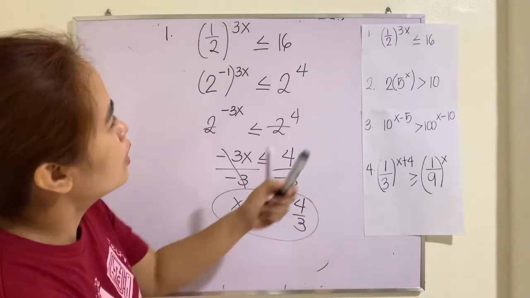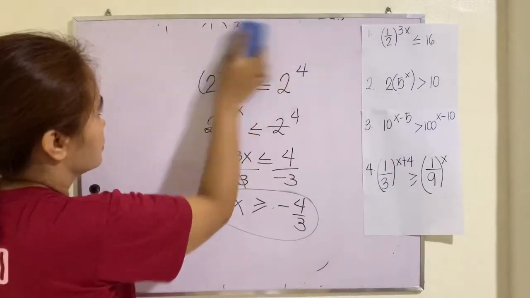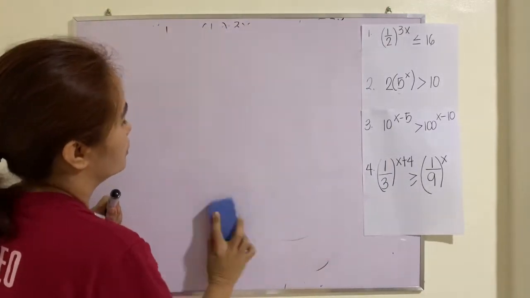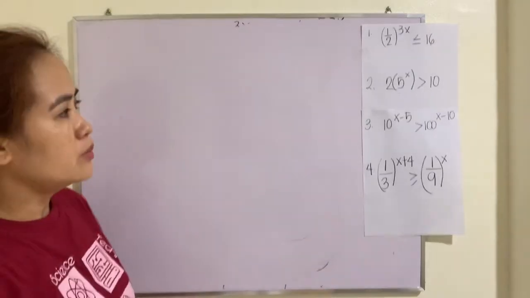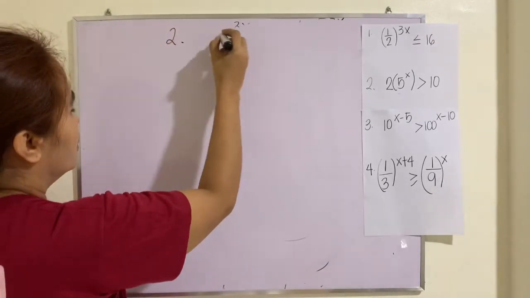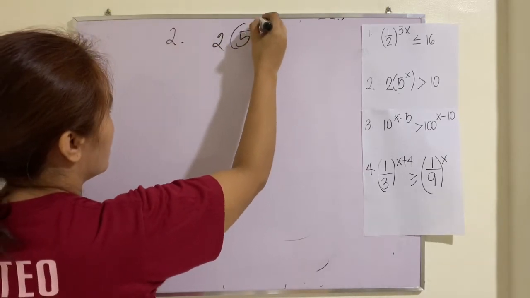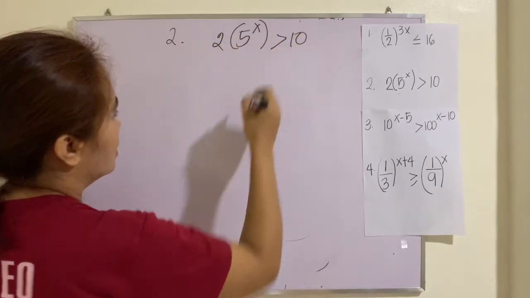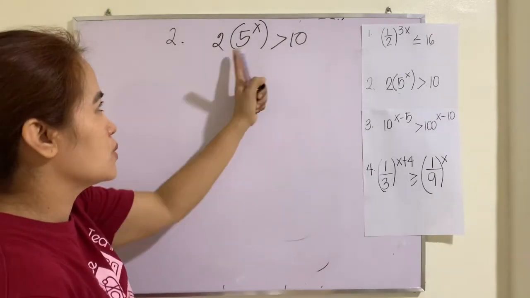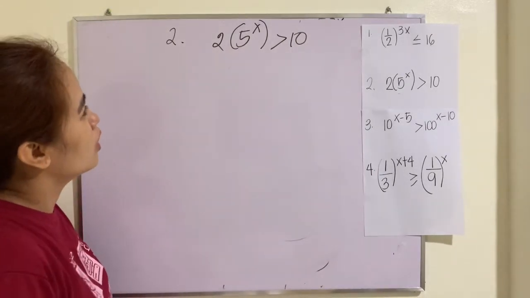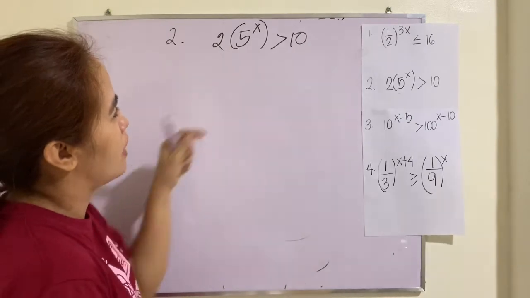Now, for number 2, you have 2 multiplied by 5 raised to x is greater than 10. We cannot express this as base 2 and 5, but we can make a way on how to make this as base 5. How?